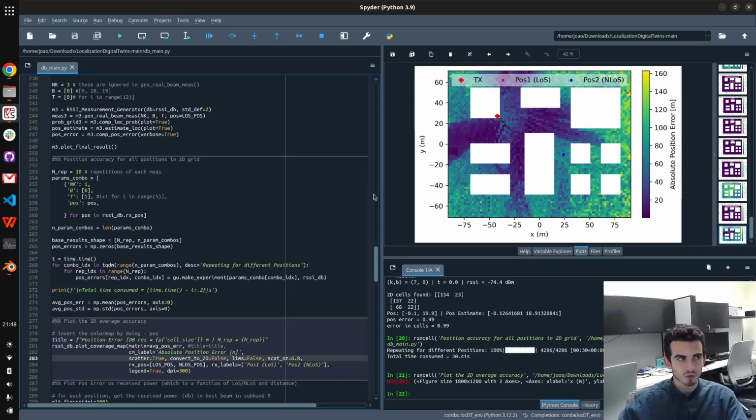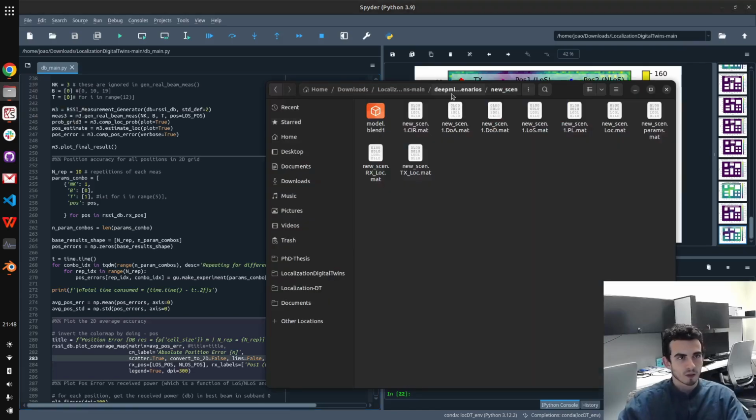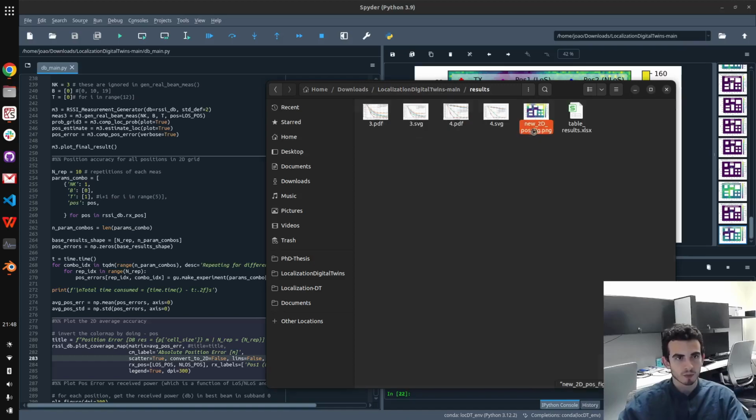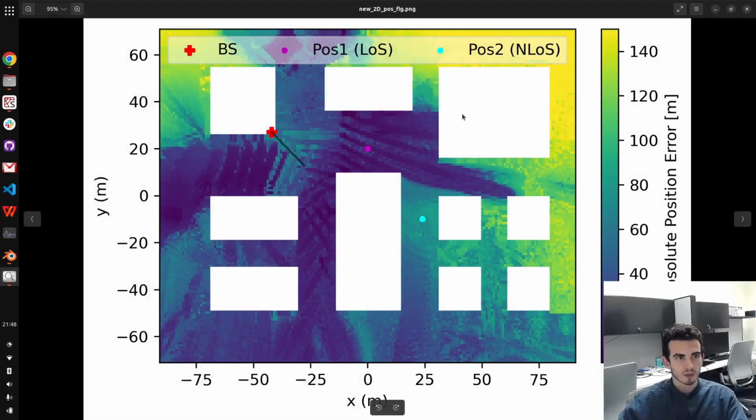Again, very low resolution. You can find the images that we include in the paper, and this one has a better resolution. So essentially, in the line of sight, you can see that you get lower position error, and as you go to non-line of sight and further away from the base station, you get higher error.